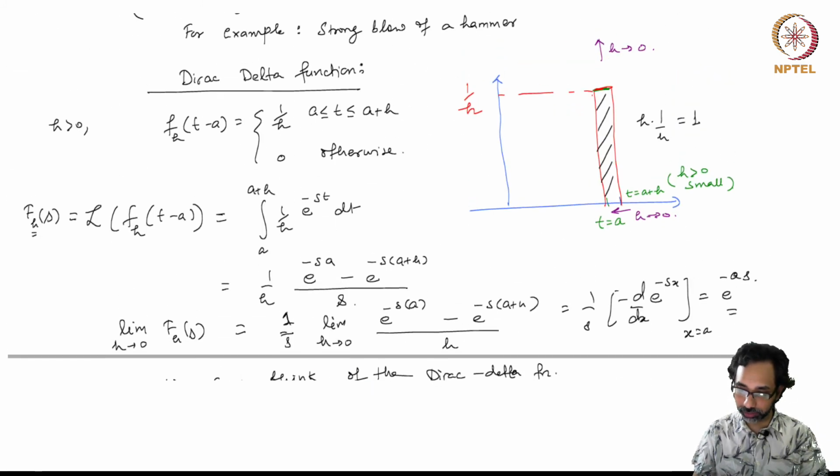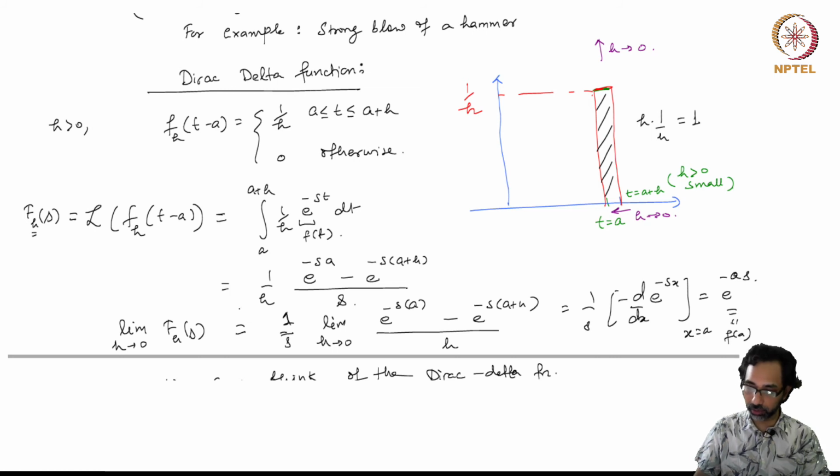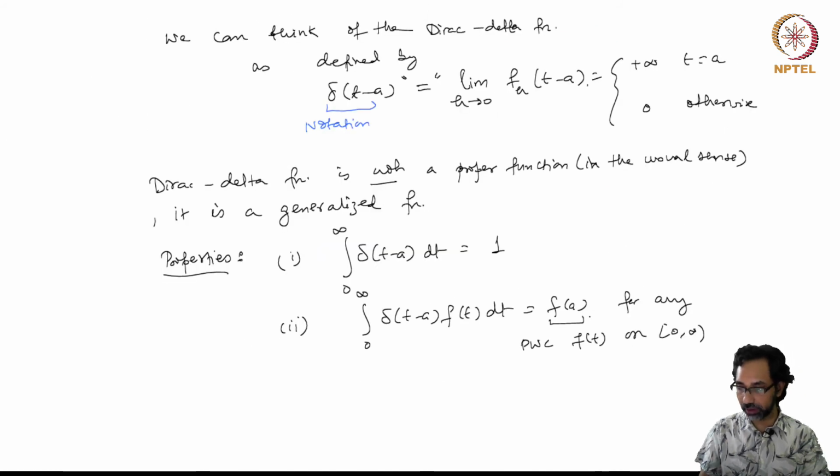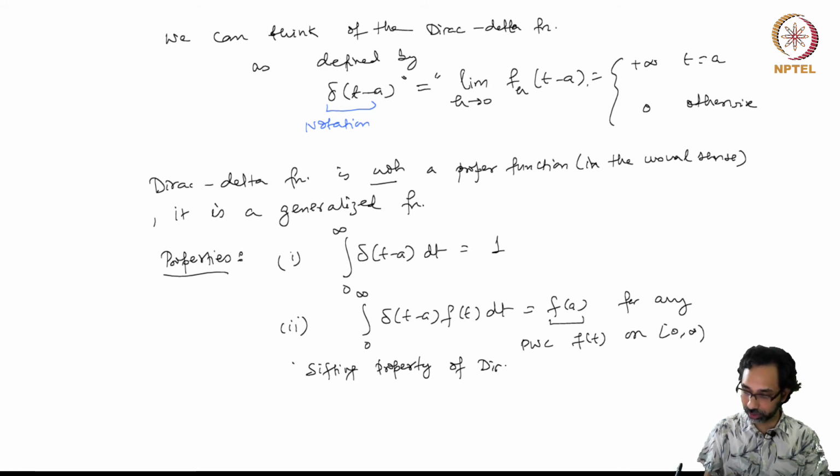We saw that in the case here, where f(t) gives you f(a), which is e to the power minus as, and you can do the same analysis with any other function, not necessarily e to the power minus st, and you will get the same answer, which is f(a). And this is called the sifting property, not shifting but sifting with an s, the sifting property of the Dirac delta function.